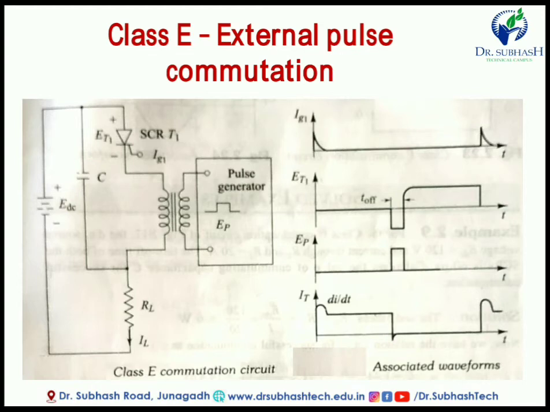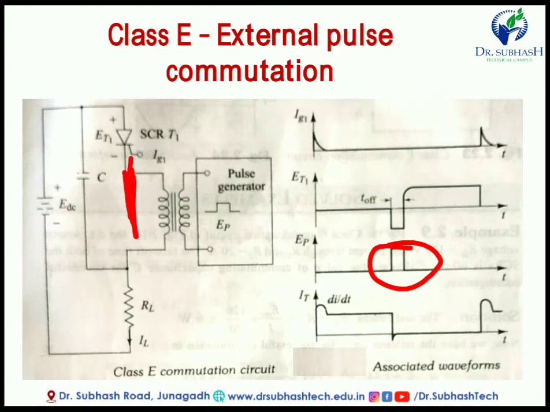Holding current is nothing but the minimum current required to keep the SCR on. Below the holding current our SCR becomes off. So whenever we give this type of pulse, our current is reduced, and due to this reduction the flow of current becomes 0.